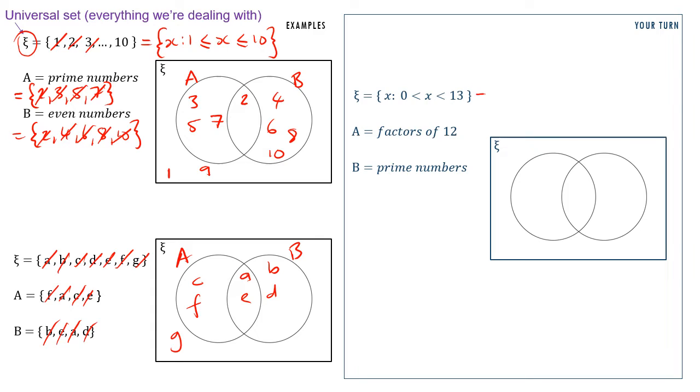So writing out the elements of each set. So this is the numbers greater than 0, so starting at 1, going up to less than 13, so 12 will be the highest element here. Factors of 12.